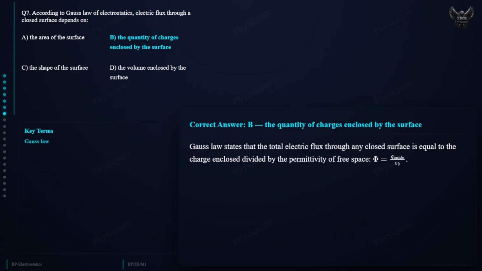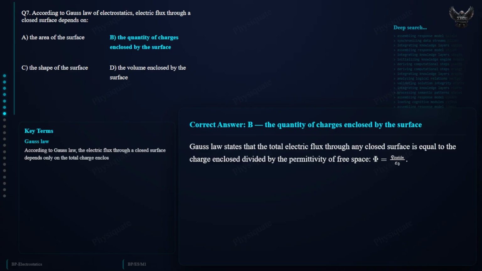Now let us consider Gauss' law. According to Gauss' law, the electric flux through a closed surface depends only on the total charge enclosed by the surface and does not depend on the shape or size of the surface.